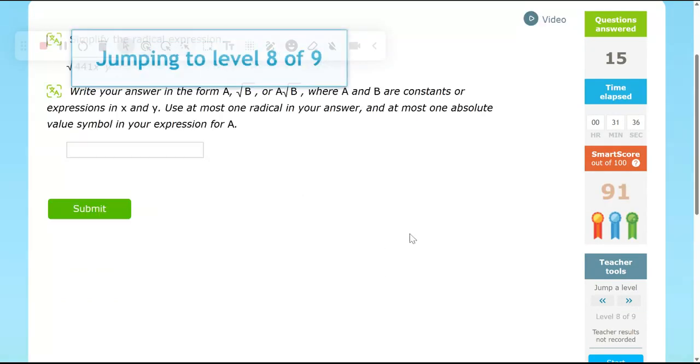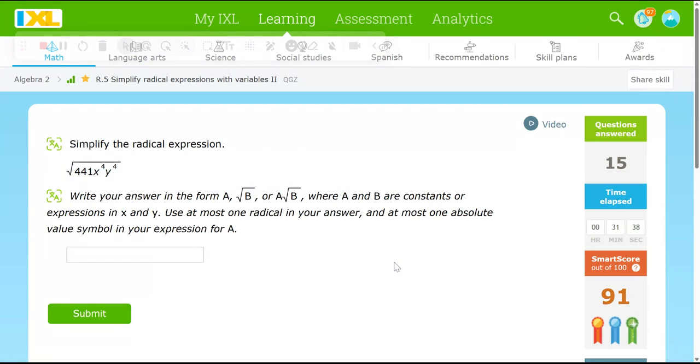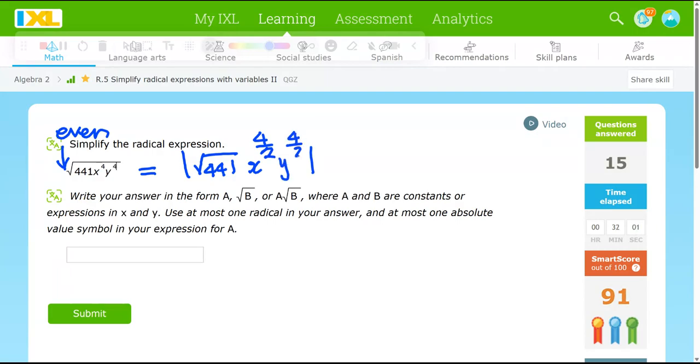Alright, done. Okay. Let's do one more level. Level 8. 441 is 21 squared. So this is even, so make sure the answer is in absolute value. Square root of 441, that's 21. x to the 4, I divide by 2, and then y to the 4, I divide by 2.